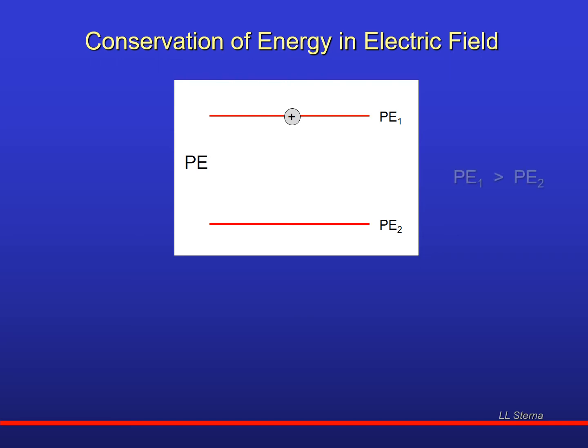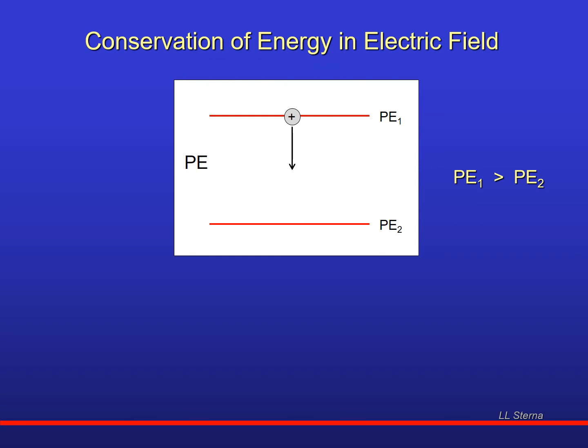Now, PE1 is larger than PE2. What does that mean? It means if there are no constraints on the system, that charge is going down. You don't need to talk about force. You can, but you don't have to. You can say objects have a tendency to go to a state of lower potential energy. That's what's going to happen.